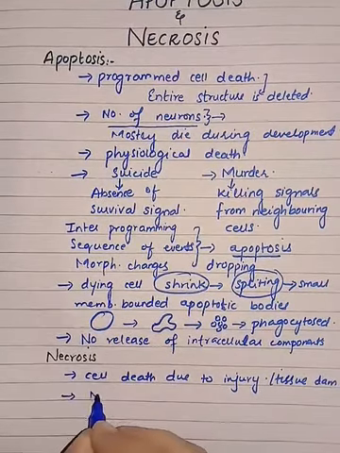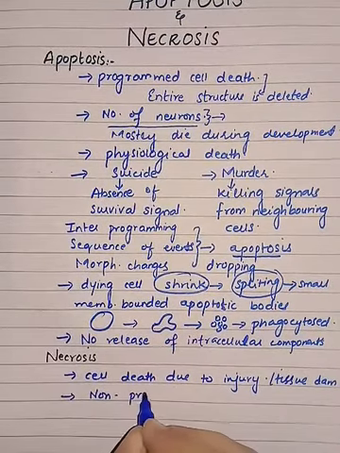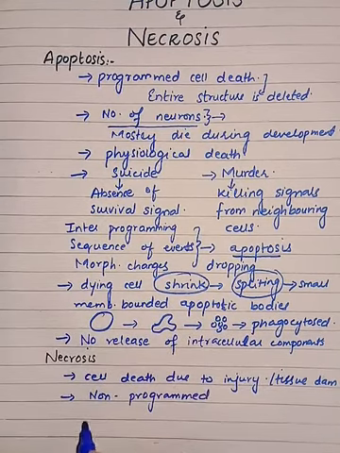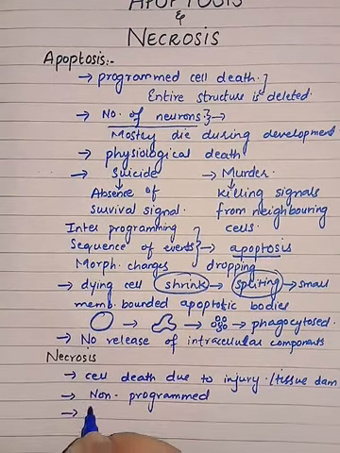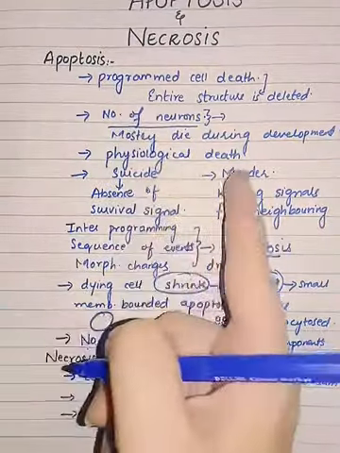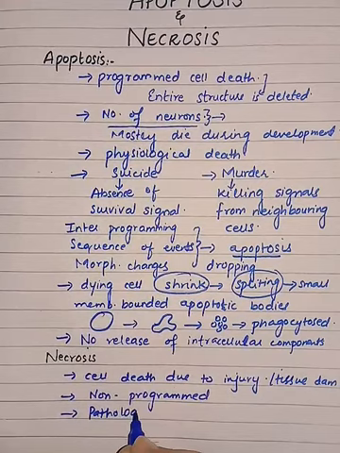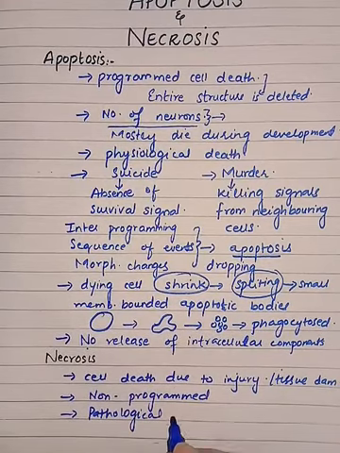It is a non-programmed cell death, and because it happens because of any disease or injury, this is pathological. Apoptosis was physiological death and necrosis is pathological death due to any pathological or disease condition.